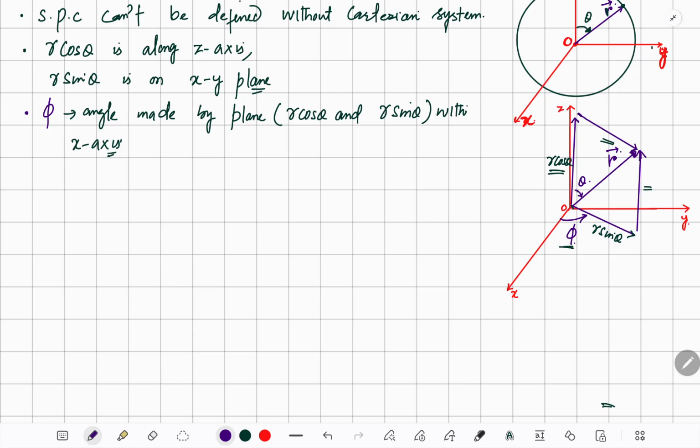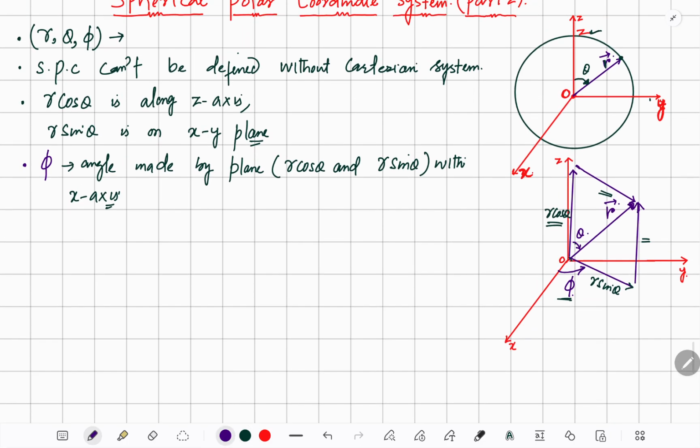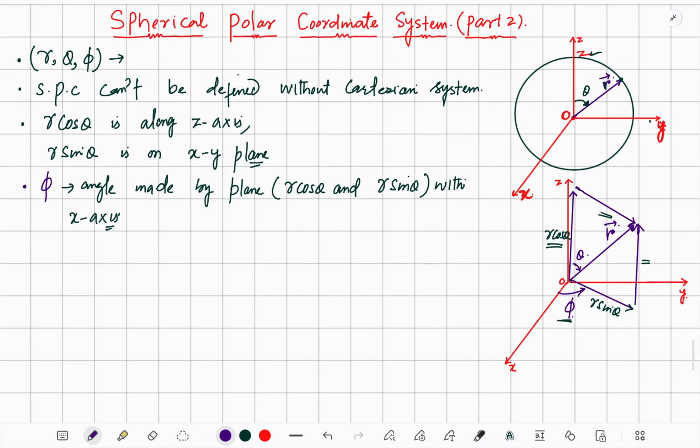Now in Cartesian coordinates, you must know that if you are located at some position having coordinates x, y, and z, and you move in space by dx along x, dy along y, and dz along z, your new coordinates would be x plus dx, y plus dy, and z plus dz.